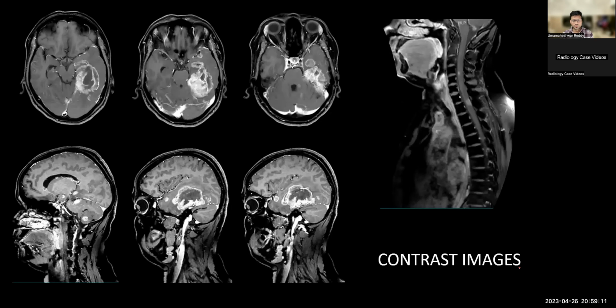This is the post-contrast image. Please write down your findings.